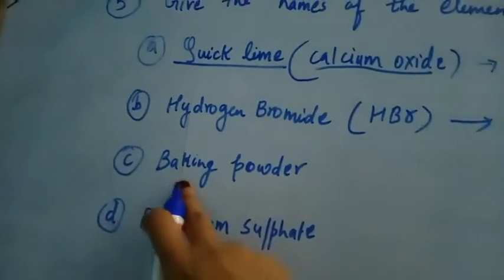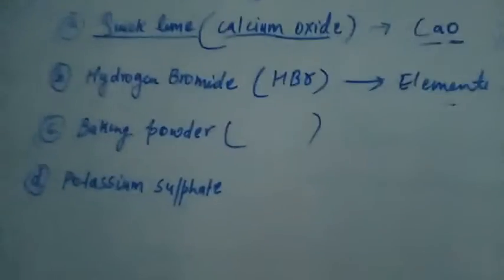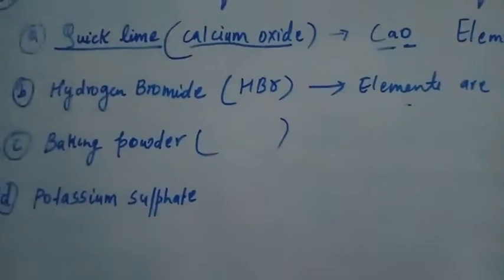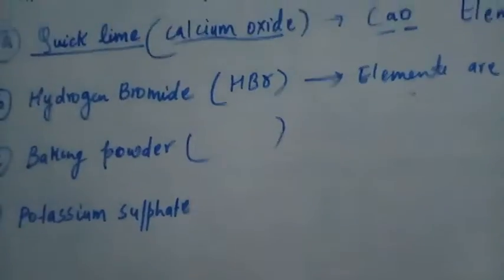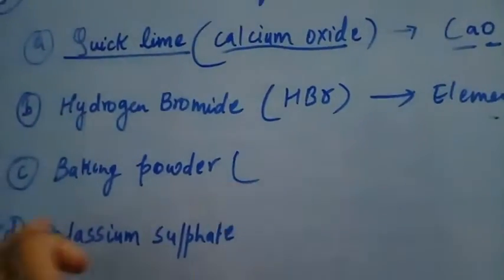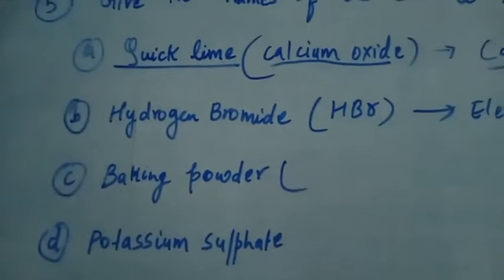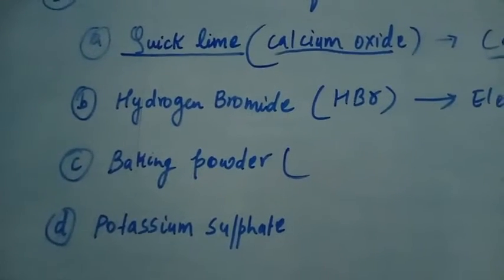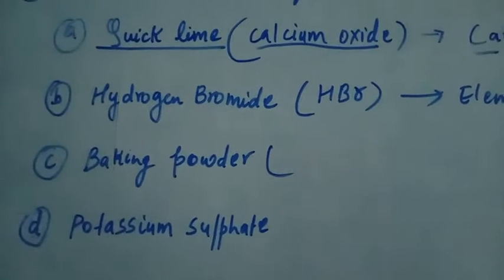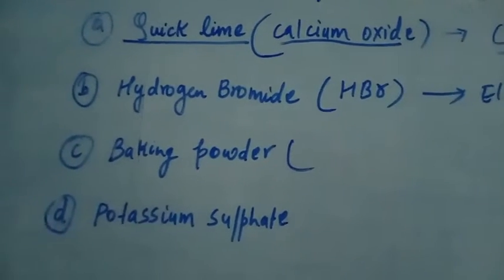Now the third one is baking powder. You know we use baking powder at our home for different purposes. So this is the common name, and from the common name we cannot predict the elements present in baking powder. So first we should know the IUPAC name or the chemical name of the material.